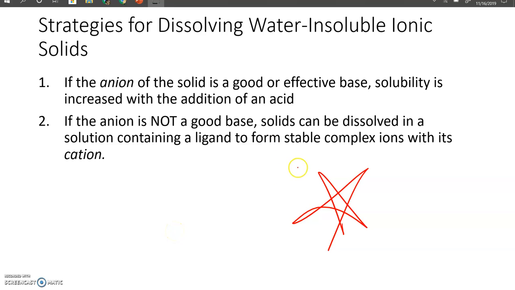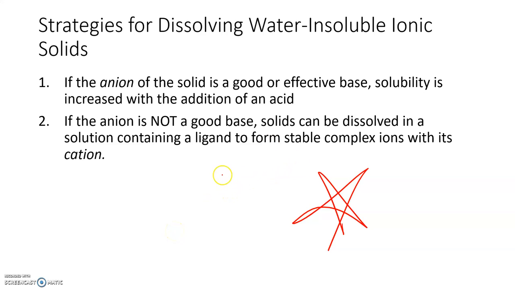All right, this last slide just goes through summarizing the 2 most important things that the last couple of videos are talking about. And it's looking at strategies for dissolving things that are otherwise insoluble in water. And so the first step that we talked about was adding an acidic solution if you have an anion that is a good or effective base.